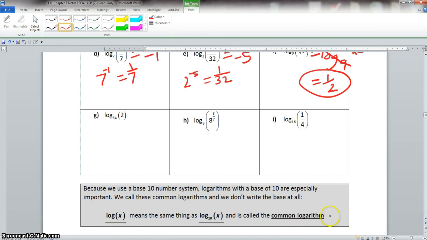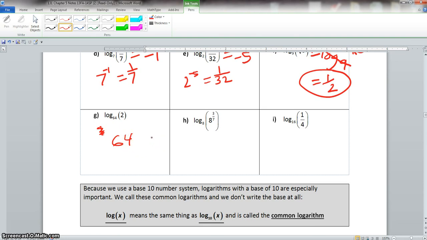Okay, now we go here to G. We have log base 64 of 2. Now what we could do is this here. We could ask ourselves, 64 to what power will give us 2?